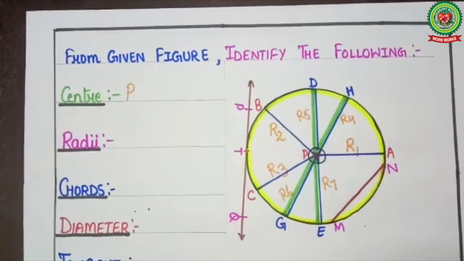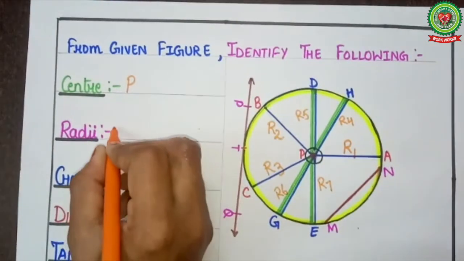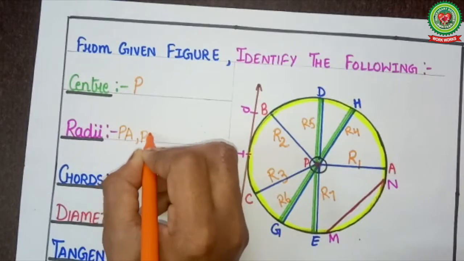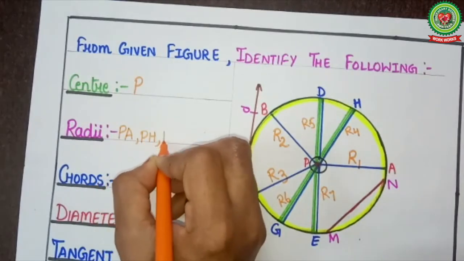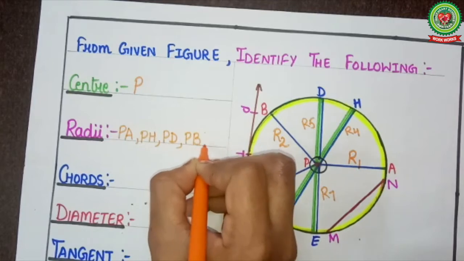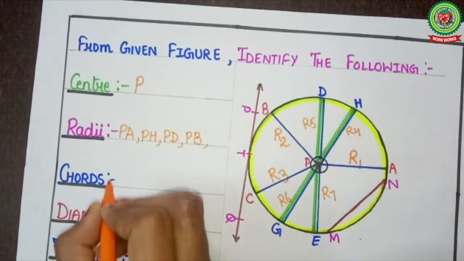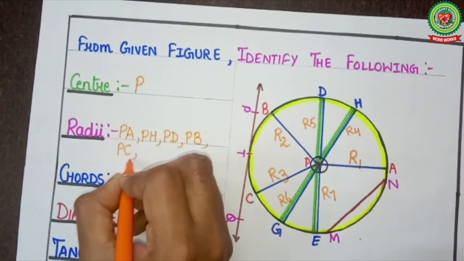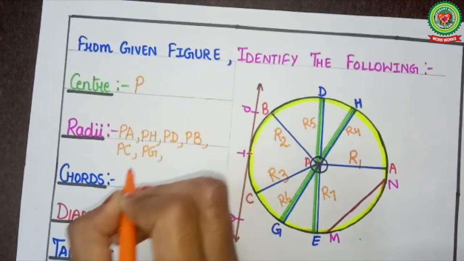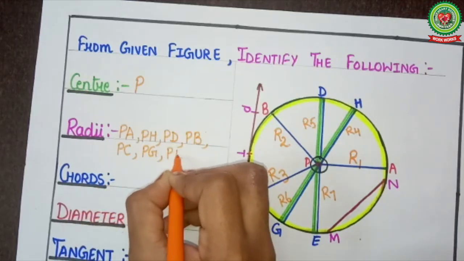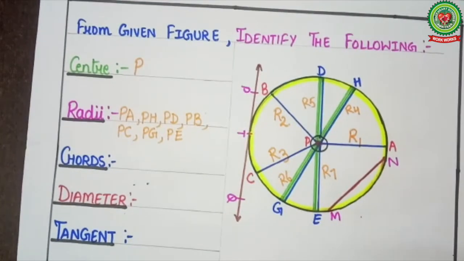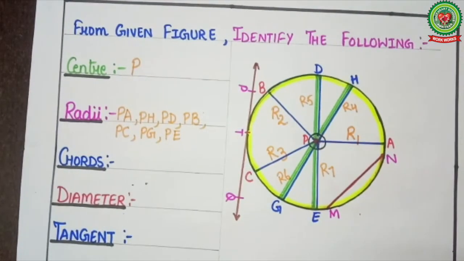Now write these answers here. PA, PH, PD, PB, PC, PG, PE. These all are the radii of the circle.